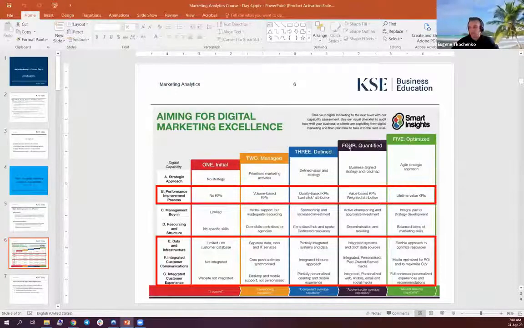For example, if you're on stage 2, developing capability, it's crucial to understand what kind of KPIs you are measuring. For example, volume-based KPIs, rather than a measurement framework across value-based KPIs and weighted attribution.